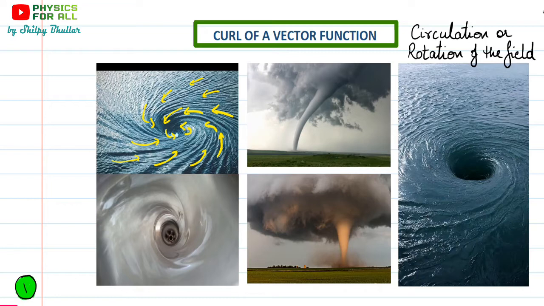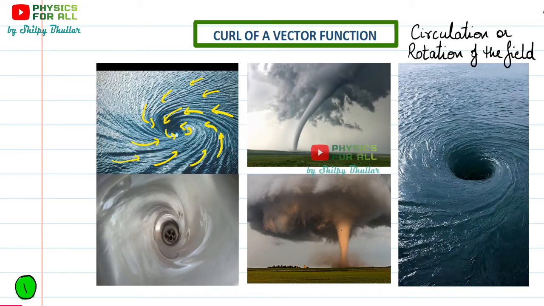Usually in curl that we see in real life, the vector fields are coming and rotating, and they just kind of converge to a narrow point. In all these examples, you can see that the vector is curling and then it's converging also.